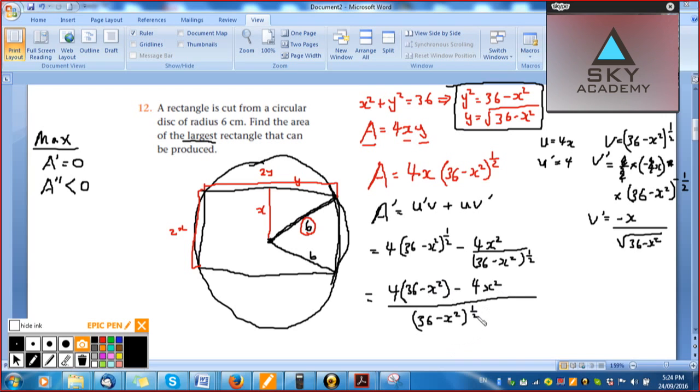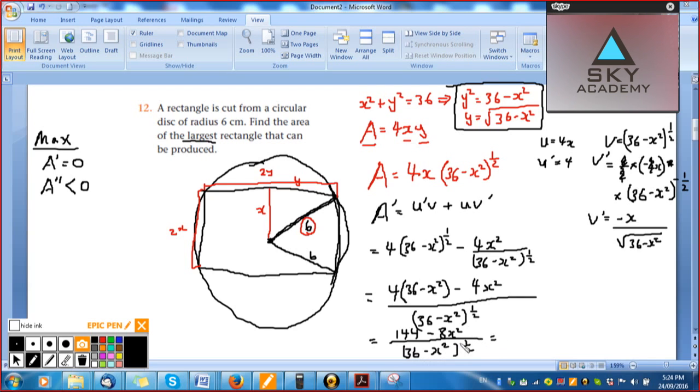Does that make sense? Yep. Now, the top bit is going to simplify to, what's 4 times 36? 144, minus 4x, minus another 4x, minus 8x squared, all on 36 minus x squared, all to the power of a half. Got it?